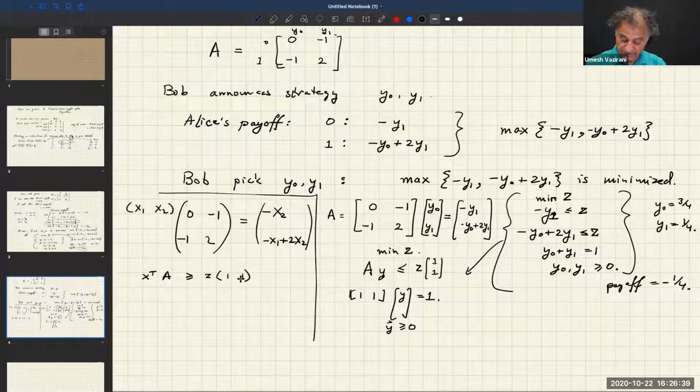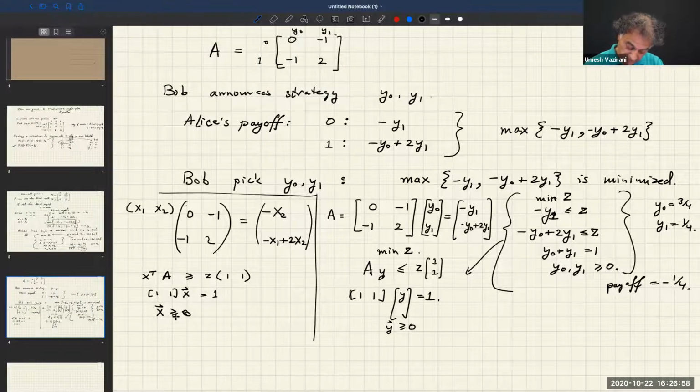And then we have the constraints on X, which is X0 plus X1 equal to 1. That's the same thing as 1, 1 times X is equal to 1, X is greater than or equal to 0. And this time we want to maximize Z.